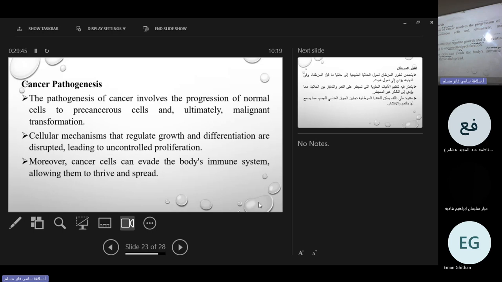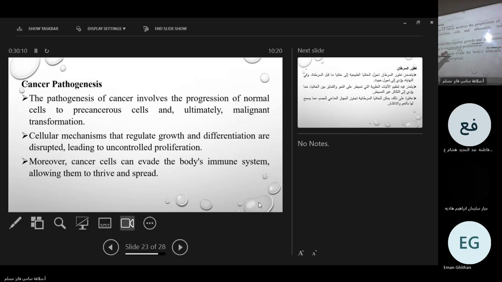Take 1 minute, 2 minutes. Regulate means to control. Okay, differentiation is what makes it different from other things. Disrupt is to stop.